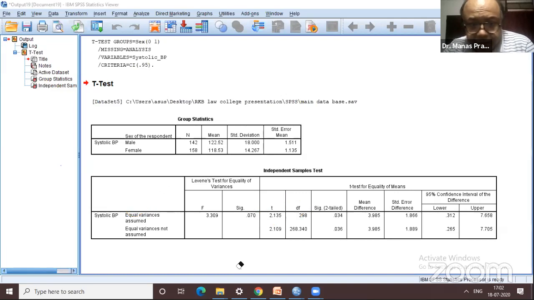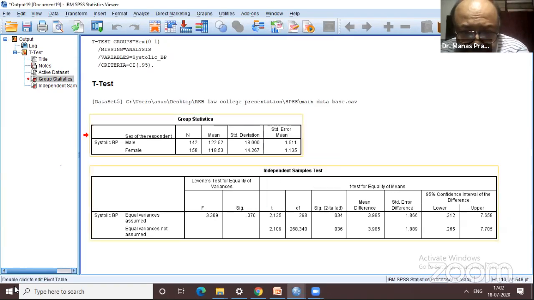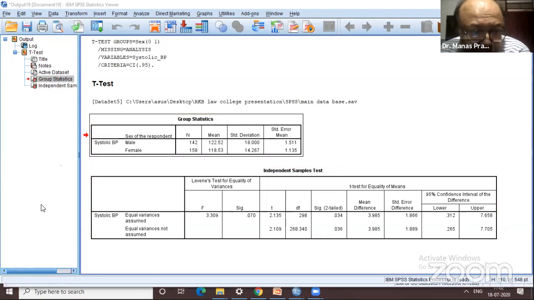If you present all these things, then a lot of questions may arise. So you should not present all the things. What I prefer to do is modify this table. I club these two tables into one. I prefer to copy it to Excel, and in Excel I do the modification.